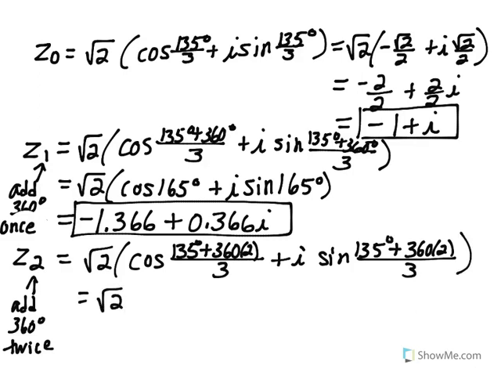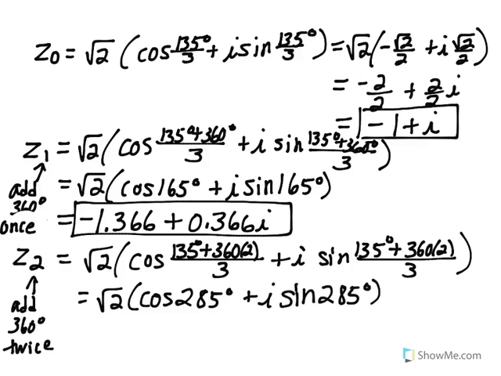Again, we're going to get an angle measurement that we don't know an exact value for, 285, so we will just calculate this. That gives 0.366 minus 1.366i.